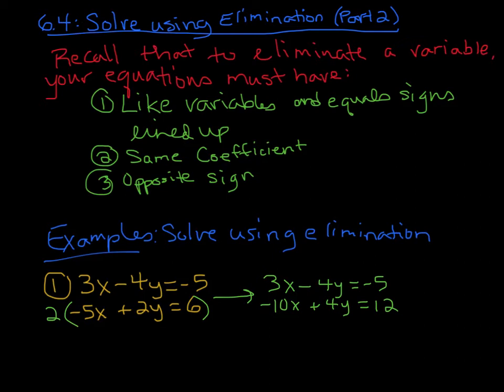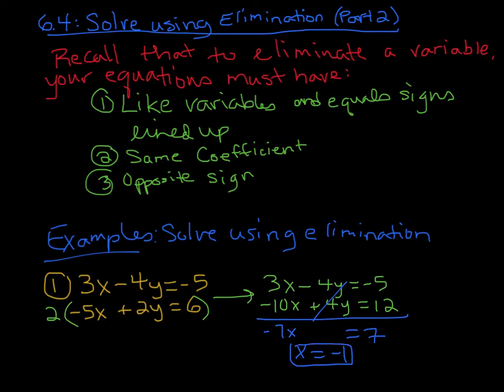If I add straight down, I will be able to cancel out my y's. My x's, when I put them together, 3x minus 10x gives me negative 7x. Negative 4y plus 4y is going to cancel out. It gives me 0, so I'm just going to cross it out. Bring down the equal sign, and now I get 7. So then my answer for x is going to be x equals negative 1.